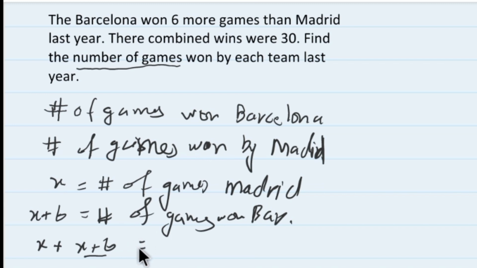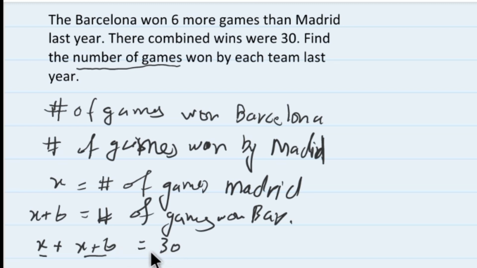Their total sum, that is total games won, is 30. So we have now formed an equation: x plus x plus 6 is equal to 30.